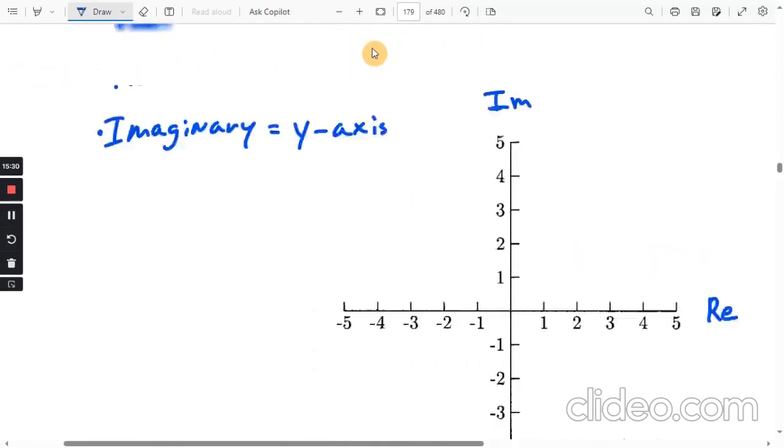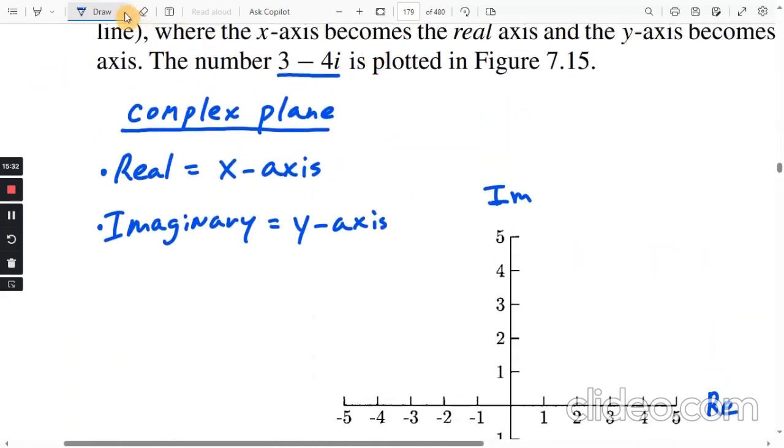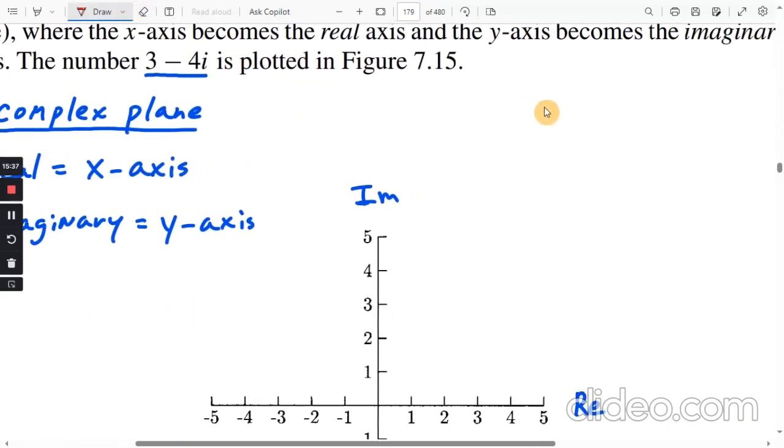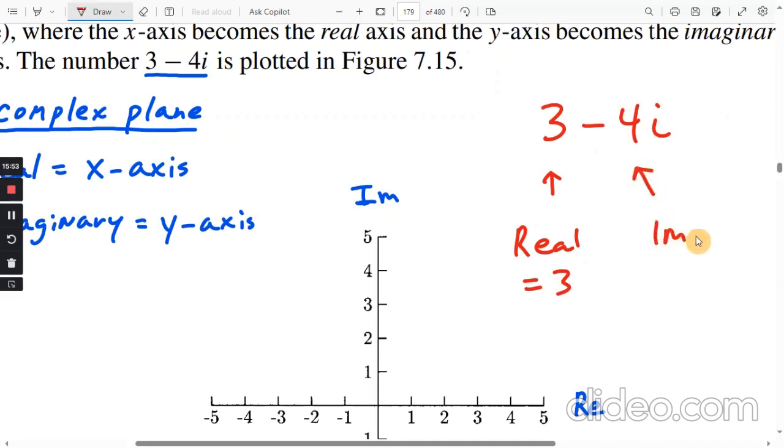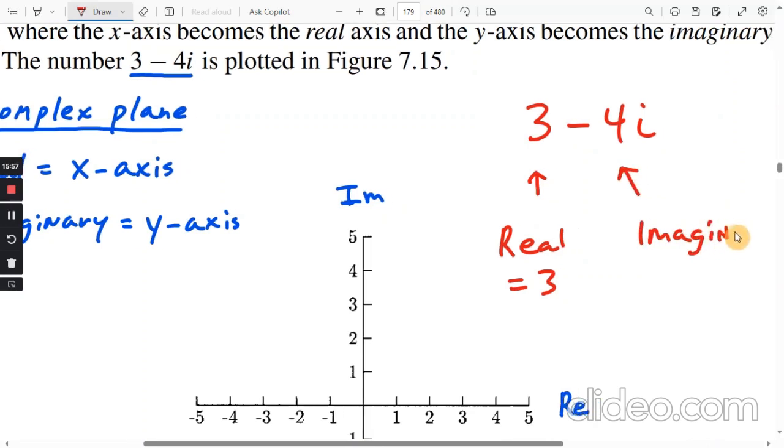If you want to do something like 3 minus 4i, the real number equals 3. And the imaginary number equals negative 4.